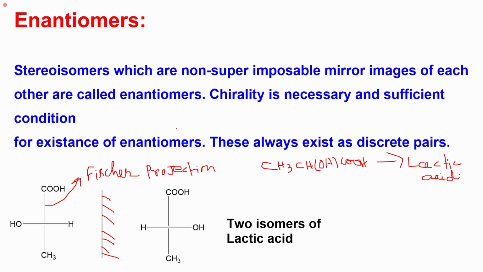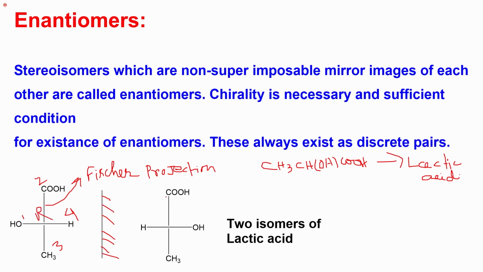Among the four groups present here, this is the first priority, this is two, this is three, and this is four. Now the four is on the horizontal x-axis, so it is the positive rule, and going 1 to 2 to 3 is clockwise. That means it is R.